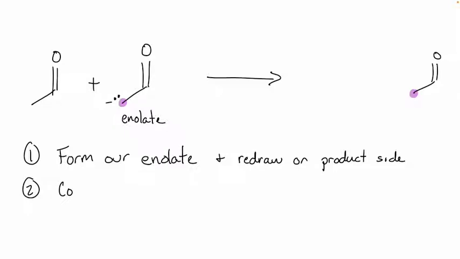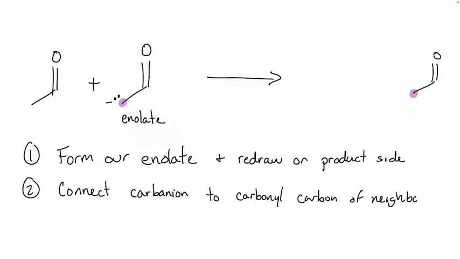And we're going to connect the carbanion. Y'all know what I mean by carbanion? An anion of carbon. Remember, anions are negatively charged ions. Carbanion to carbonyl carbon of the neighbor. Right? So my new bond is going to be between this carbanion and this carbonyl carbon here. That's my new bond that's being formed in this reaction.